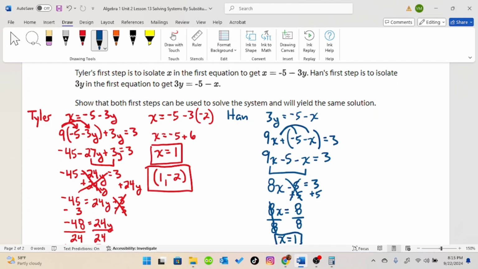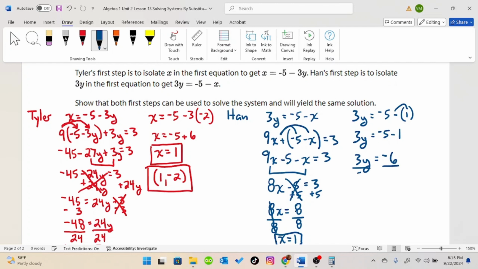Now we can take x equals 1 and substitute it back into Han's original equation. 3y equals negative 5 minus 1. Negative 5 minus 1 is negative 6.